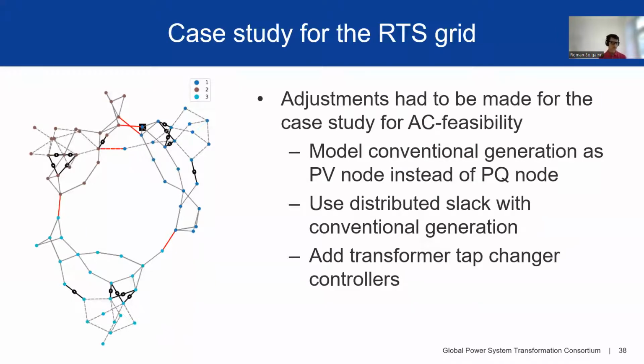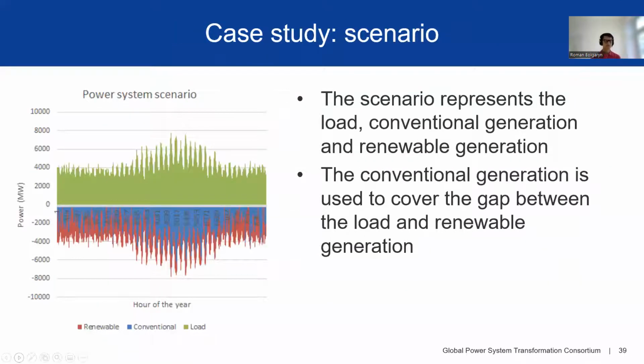And in the next slide, here we see the initial scenario for the power system. We see the representation for the load and for the conventional generation and the renewable generation.